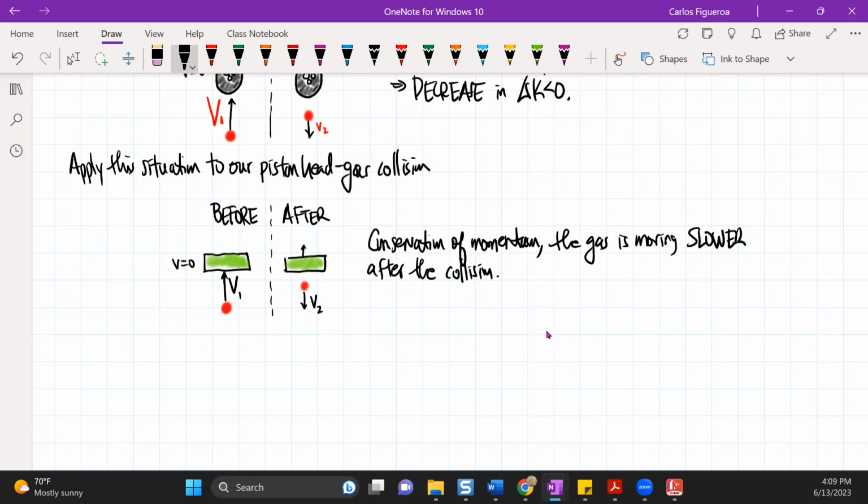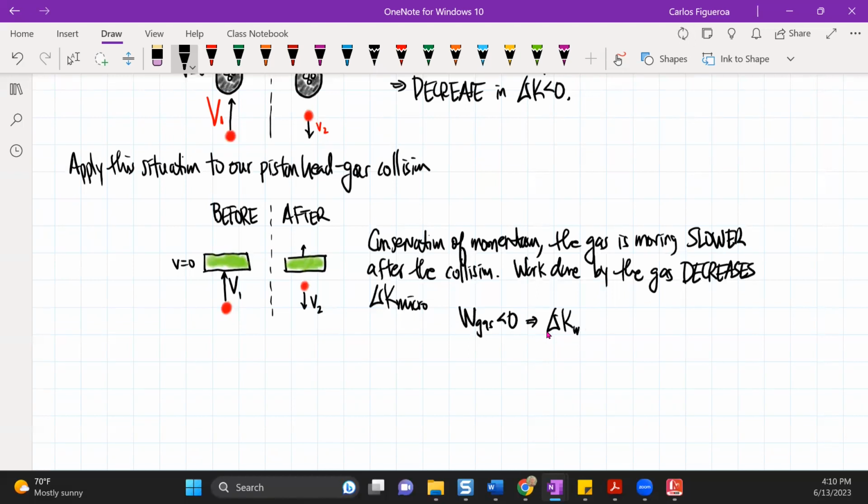So that tells us that the work done by the gas decreases K micro. In other words, the work of the gas is negative because the force and the displacement are in two different directions, which then tells you that the change in the microkinetic energy is also negative.